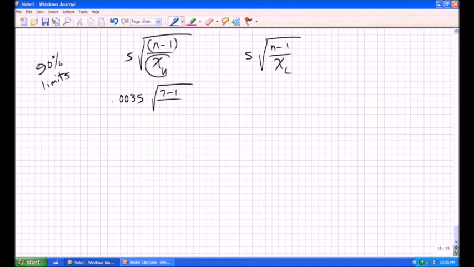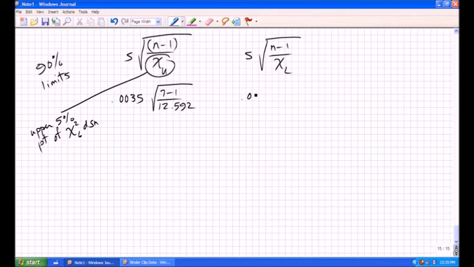What I need here is an upper 5% point of the chi-square distribution. Chi-square distribution with 6 degrees of freedom. And if I look in a chi-square table, that's 12.592. That's a lower confidence bound.